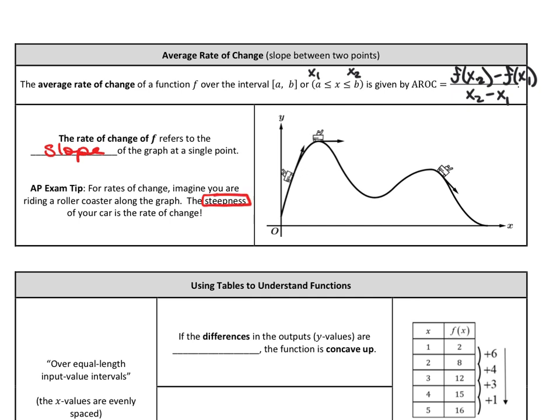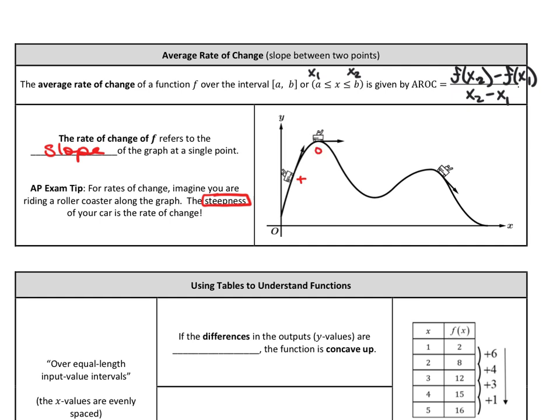So if we look at this point right here, is this a positive slope or a negative slope? Positive, because I'm increasing. Actually, let me back up. Let me ask a different question. At this point of the roller coaster, what kind of slope do you have? 0. It's a flat line. That's a 0 slope.